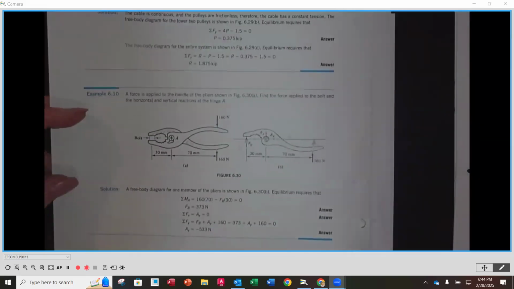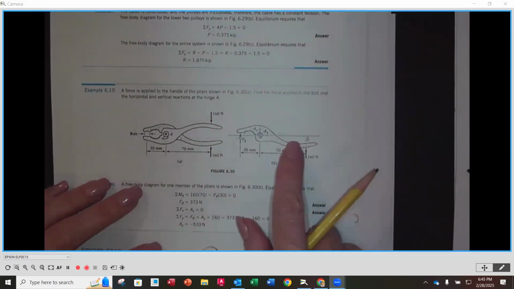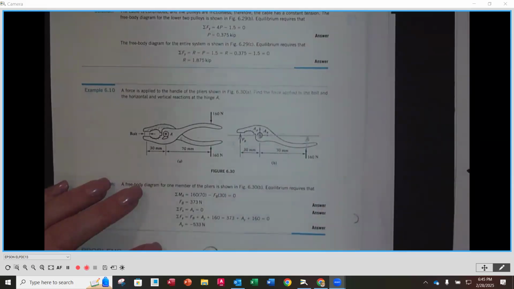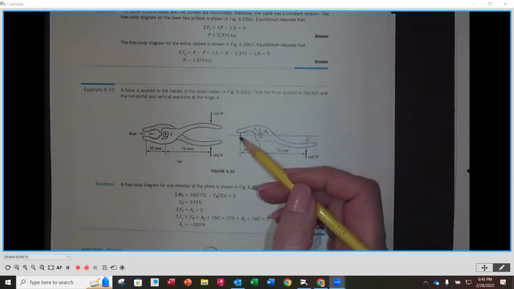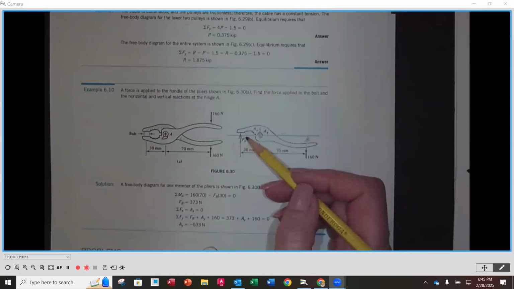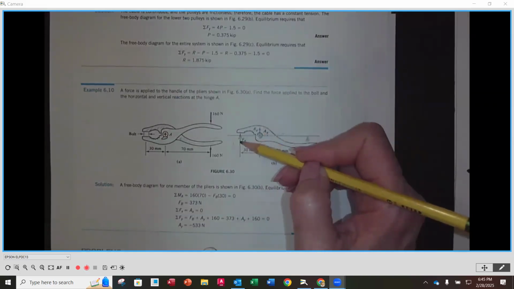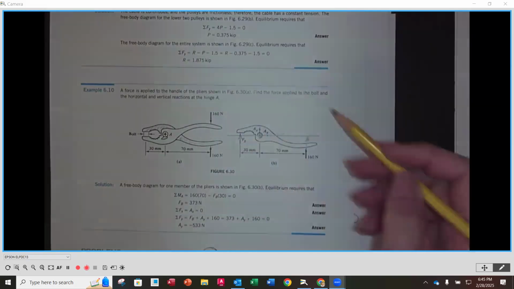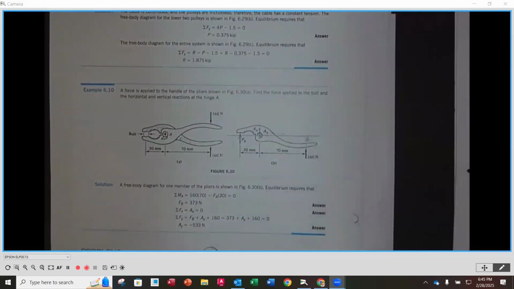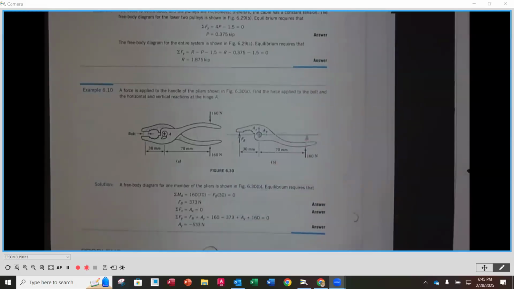If we put a straight line through A, as you know, we can move forces along their line of action and have the same net effect on the body. So we're going to back FB up a little bit, and then push the 160 newtons up a little bit to be all on the same line.